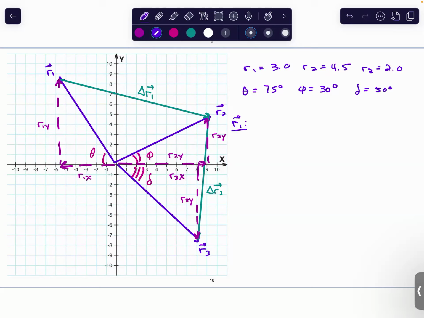So for R1, we have R1x equals R1 cosine of theta, R1y equals R1 sine of theta. So we put in our numbers. R1 is going to be 3.0. First off, you notice how I start with the equation for the component. Always make sure you're doing that.